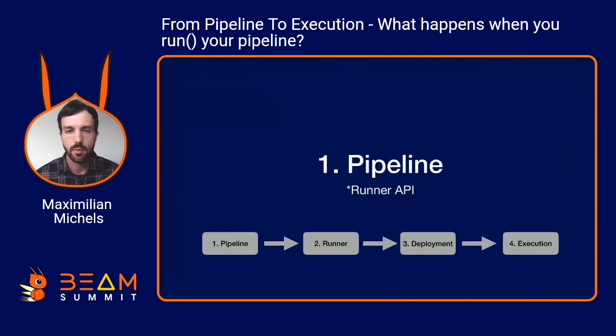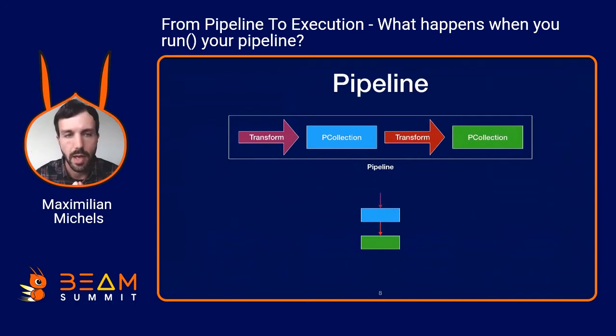So let's start with the pipeline. Sometimes we refer to this internally as the Runner API, but don't get confused by that. So let's look at what a pipeline is. Well, a pipeline is composed of transforms, and transforms can take inputs, but they don't necessarily have to.